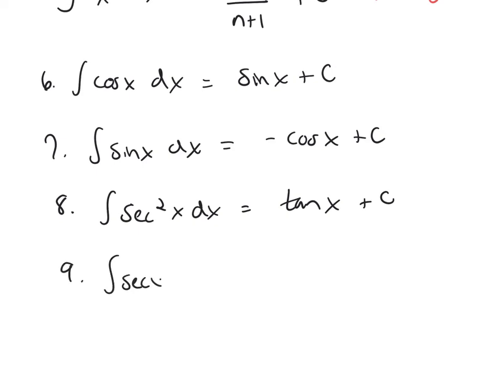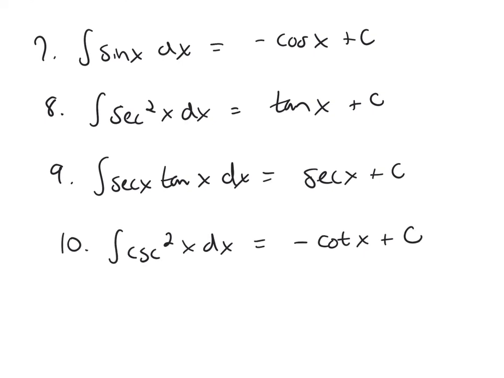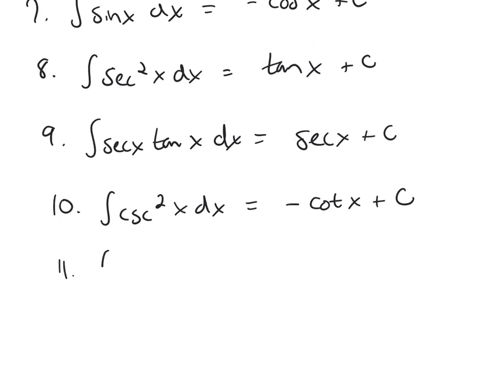The integral of secant times tangent, which function has derivative secant times tangent? It's secant. The integral of cosecant squared, well, the derivative of cotangent is a negative cosecant squared, so you'll get a negative cotangent. The same thing for the integral of cosecant cotangent. It's negative cosecant plus c.